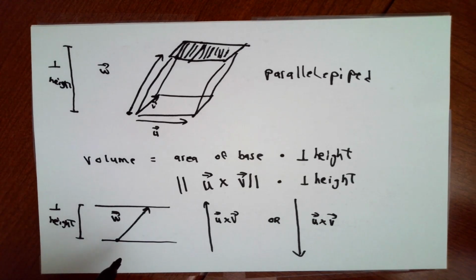Vector w connects the two planes. As a perpendicular normal vector, I could use u cross v, or negative u cross v might look like that, but in either case, it's at right angles to both of the planes.